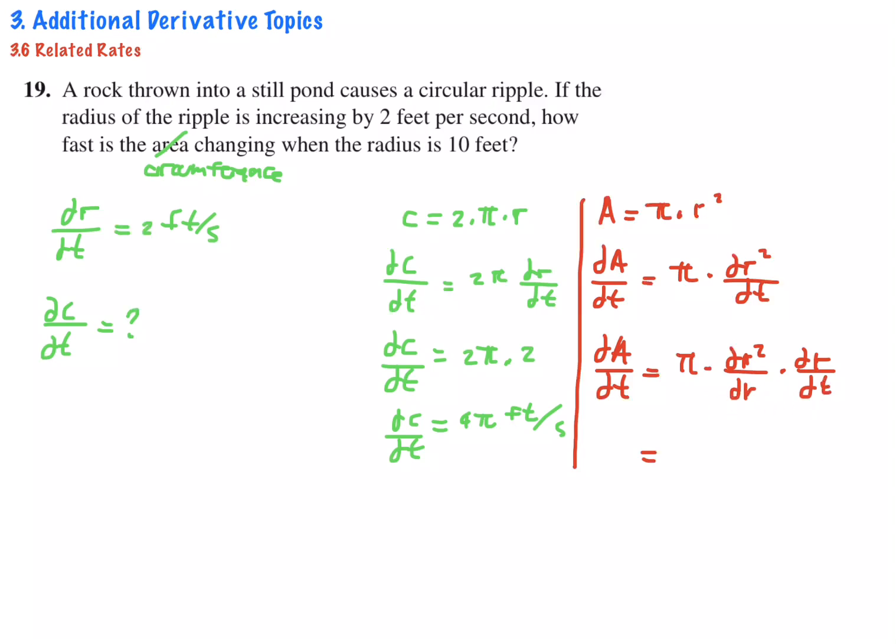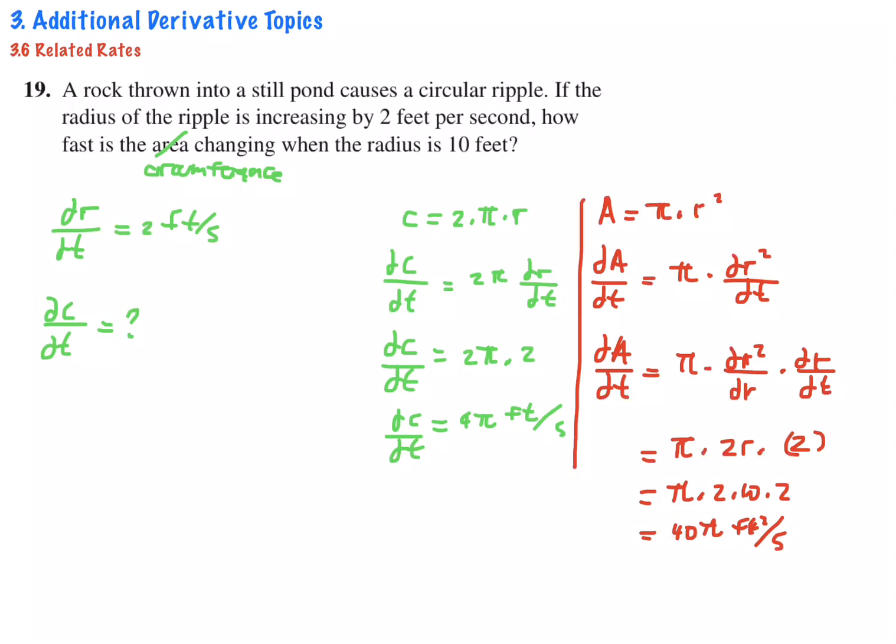Okay, so I insist that you use it like this, the chain rule, and then that will be, sorry, pi times 2r times dr over dt. dr over dt is 2 feet per second, and the r we also know, so pi times 2 times 10 times 2, that will be 40 pi feet squared per second.